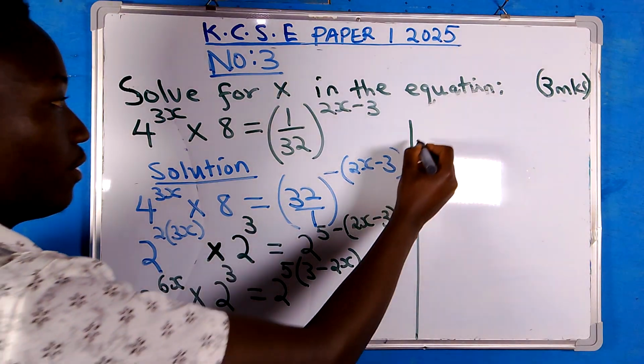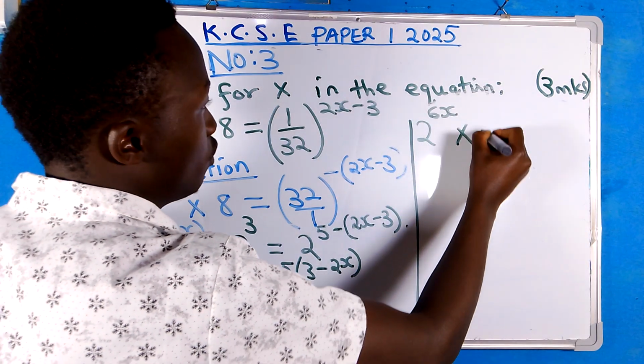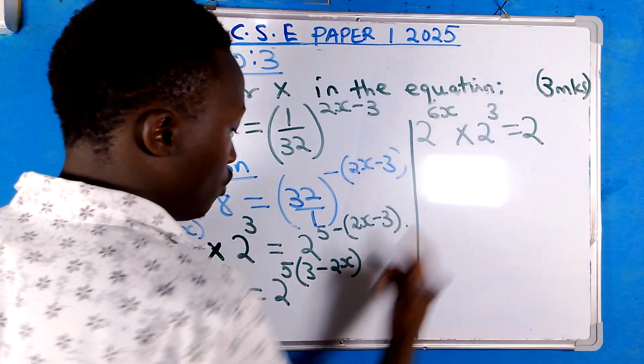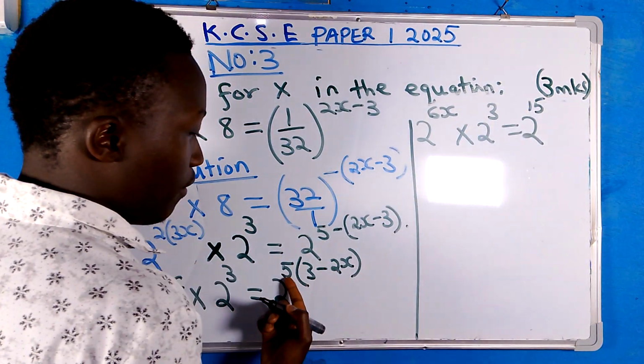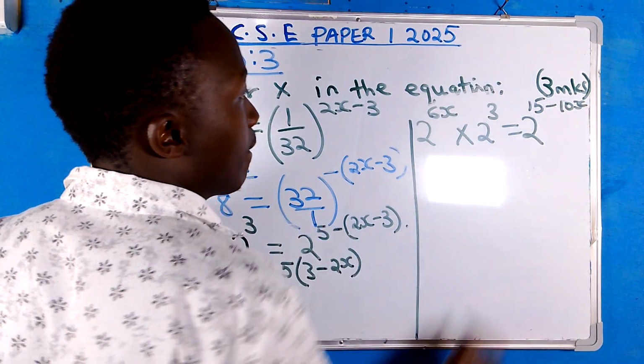And we now have 2 to power 6x times 2 to power 3 is equal to 2 to power 5 times 3 is equal to 15. 5 times 2 is equal to minus 10x.